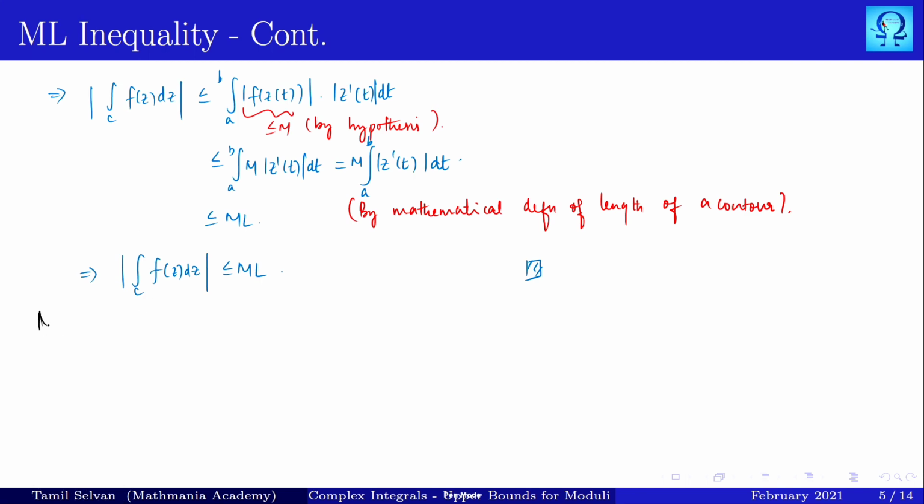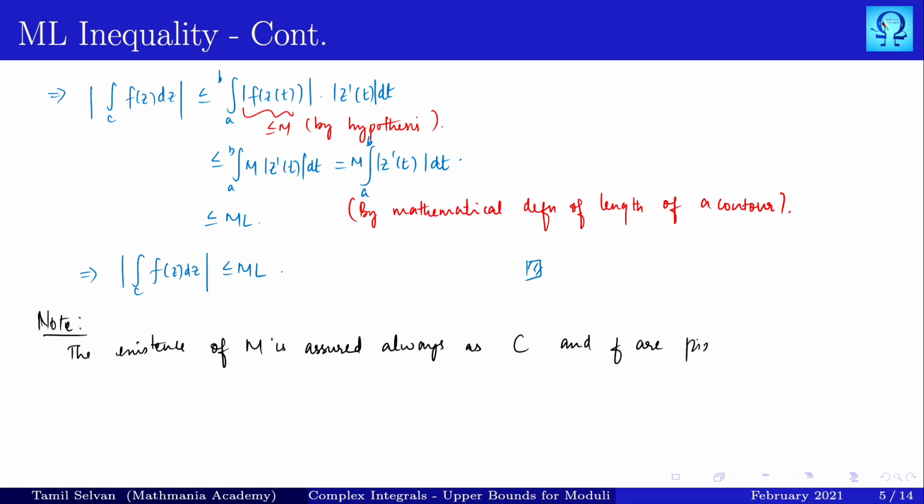What I'm trying to say here is the existence of m is always assured as C and f are piecewise continuous in the respective domain.